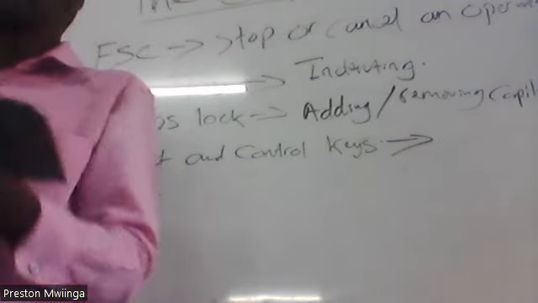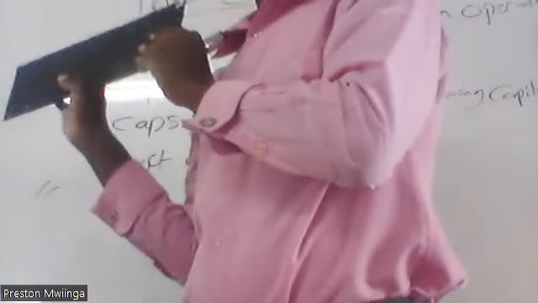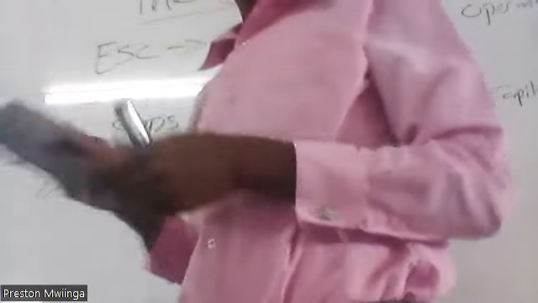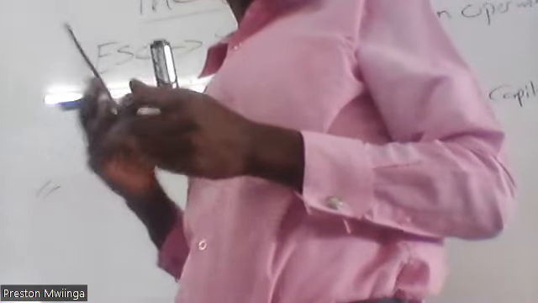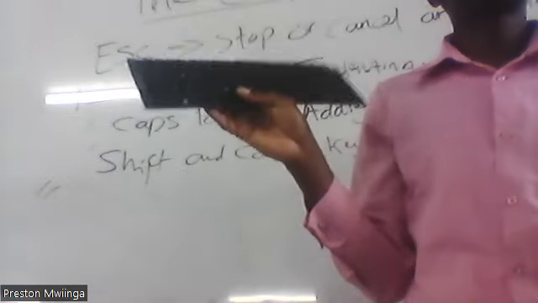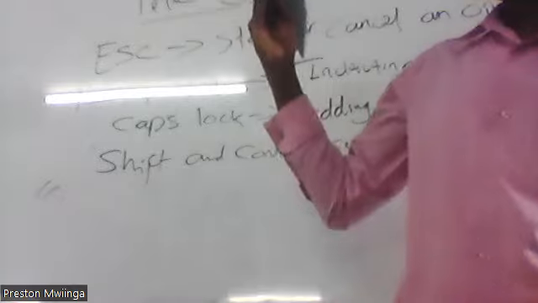Okay, it's giving you some signs. For example, F1 has got the question mark. It simply means that you can use F1 to go to the what? To the help function, isn't it? Then F2 for me here has got some brightness.